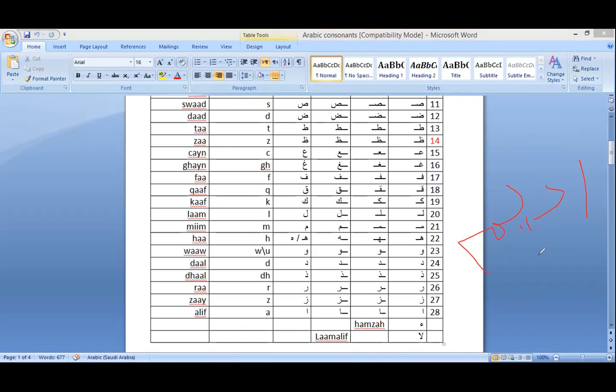Yes. If you are to write Ahmed, for example, you see this is A. Why can't we join this with this? This one can never be joined with any other letter after it. But again, look, these 3 are joined, right?